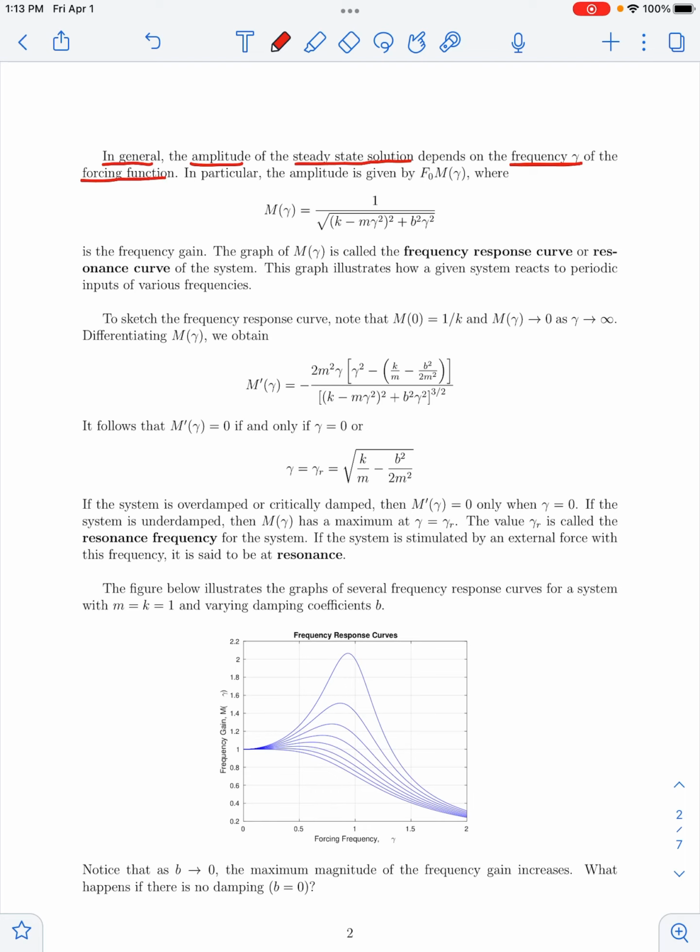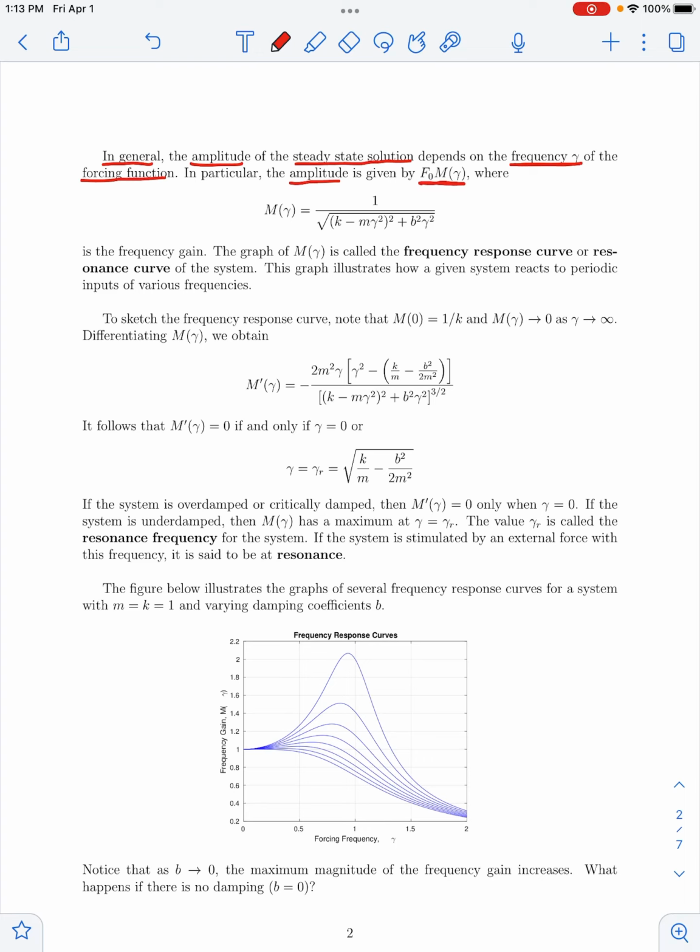In particular, the amplitude of our steady state solution is given by f naught times m of gamma, where m of gamma was that frequency gain, or gain factor, 1 over the square root of this expression.